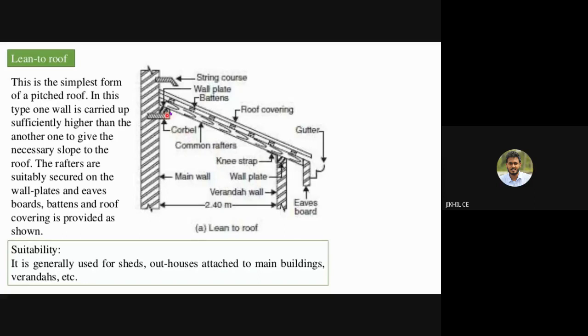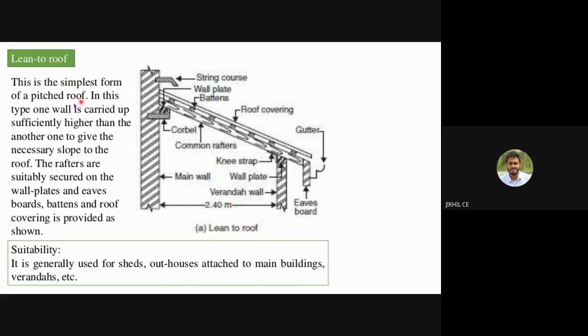And we have corbel as a structural member for placing the rafter onto the main wall, and knee strap for joining it with the minor wall.